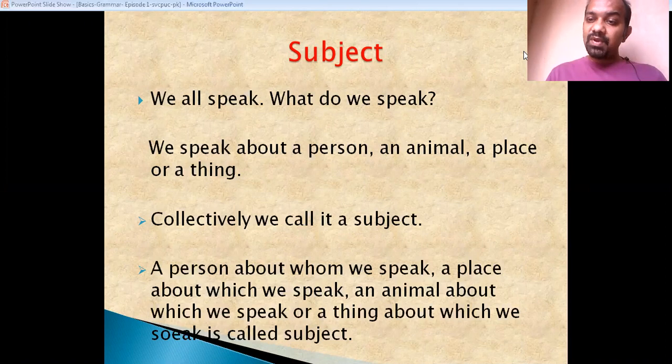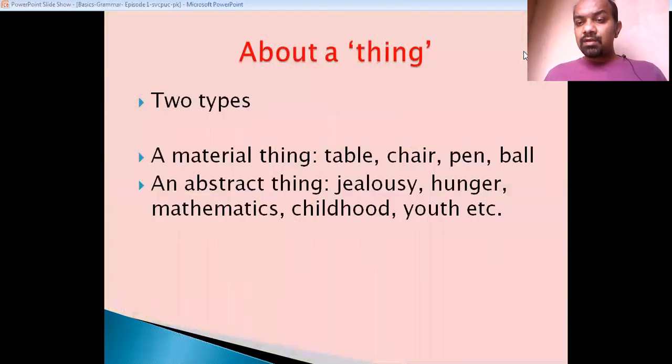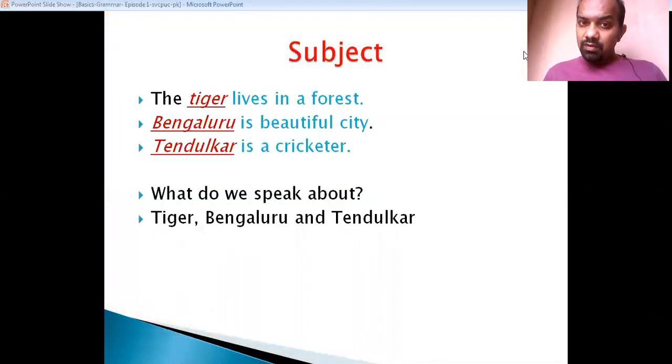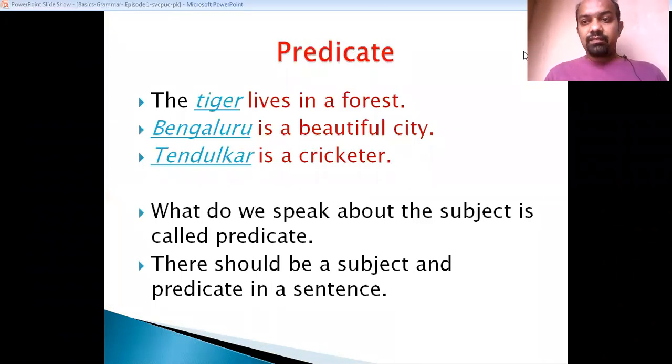The person, place, animal or thing about which we speak is called a subject. So we learnt about predicate. In a sentence, what comes after the subject, the remaining part of the sentence, is the predicate. What we speak about the subject is called predicate.